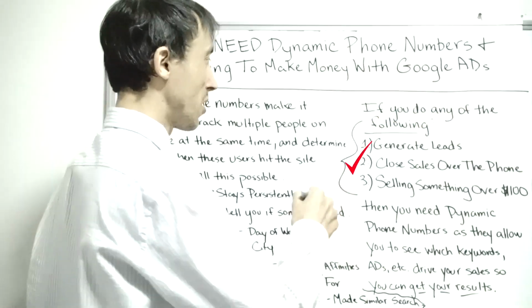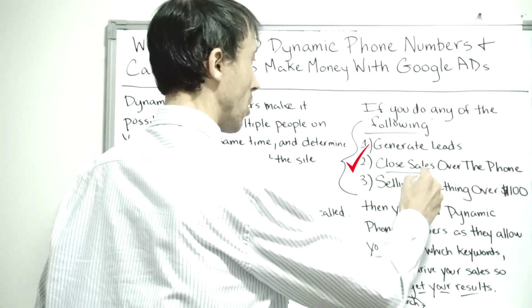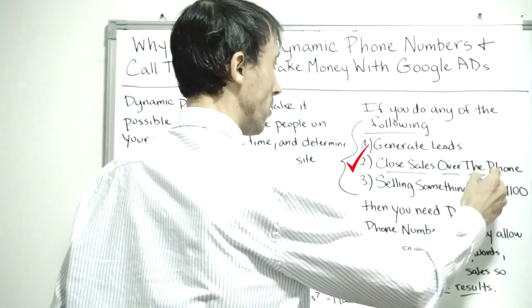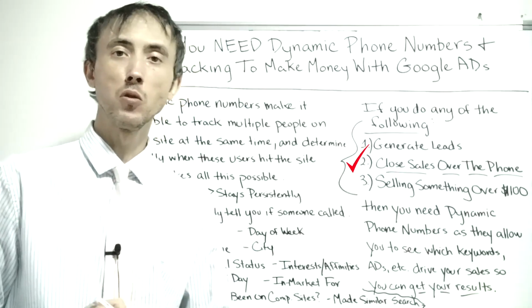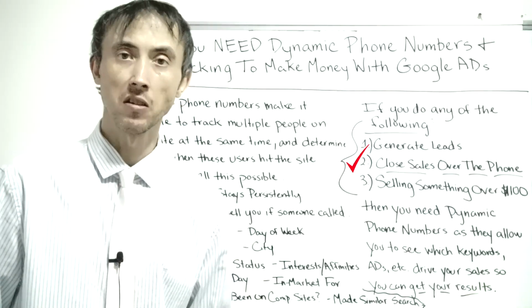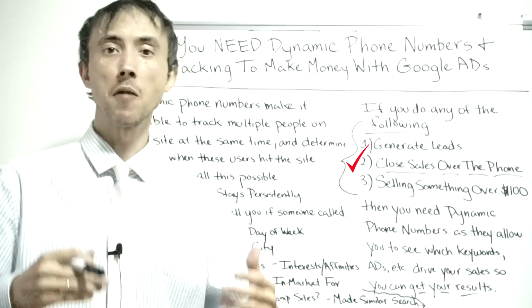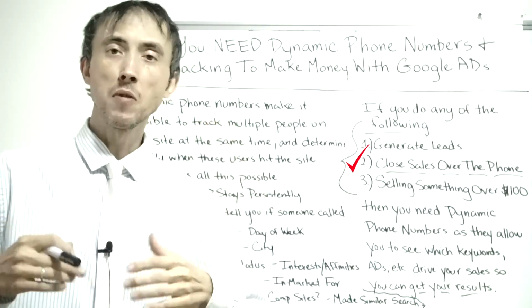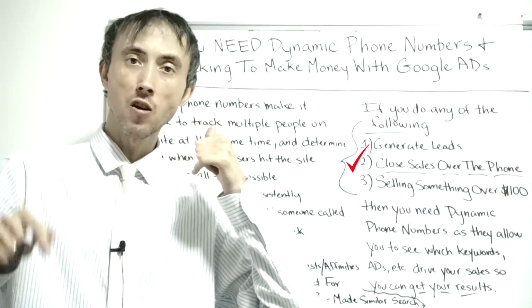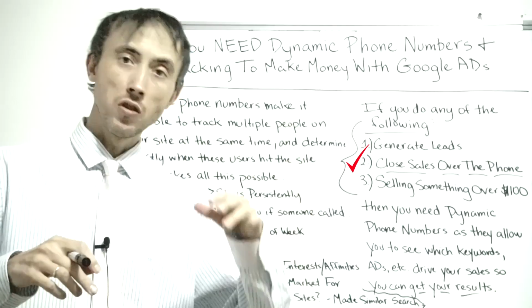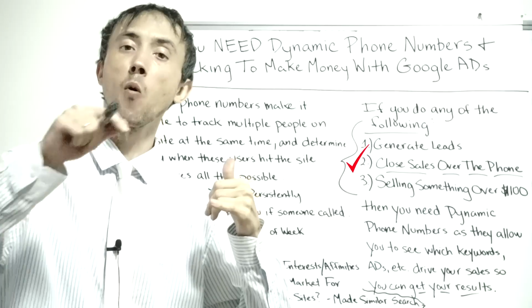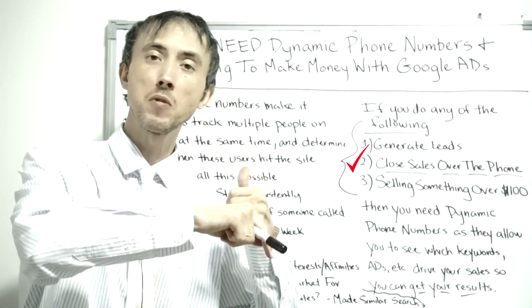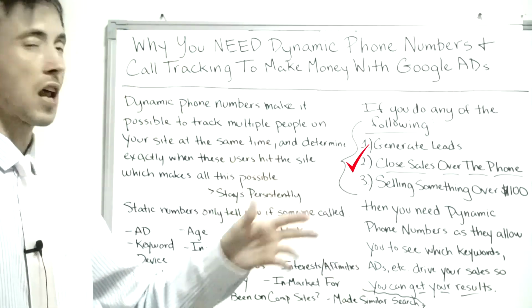Furthermore, the second category would be people that close sales over the phone. So if you're taking a credit card number over the telephone to close an e-commerce sale, for you guys that are doing e-commerce, if somebody can call you and you take the card over the phone, or they call you and you put the credit card through your website on behalf of the customer, you need dynamic phone numbers.